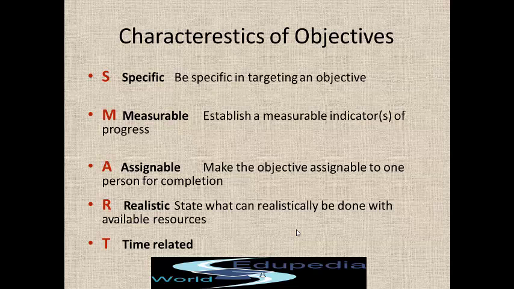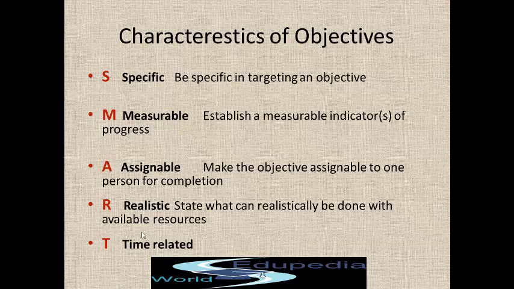And it should be realistic: what can be done with the available resources. It should not be an objective which is not reachable. People should be able to execute the work and get the objective done. And it should be time related. You can't say the objective will run for the next 20 years.